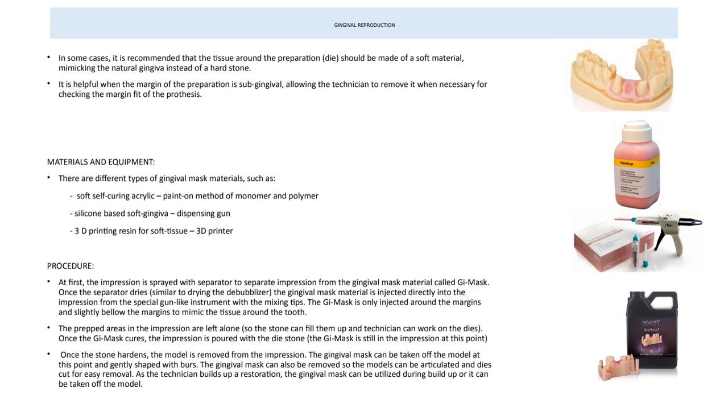The gingival mask can be taken off the model at this point and gently shaped with the burrs if necessary. If you are careful enough when you inject the material and not put it all over the place, then you shouldn't have to do too much trimming afterwards. The gingival mask can also be removed so the models can be articulated and dies cut for easy removal.